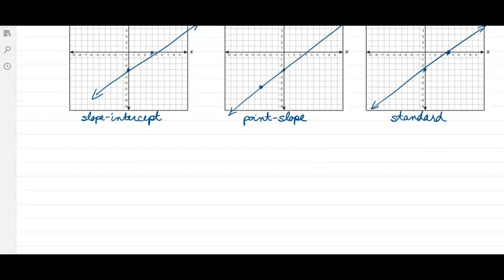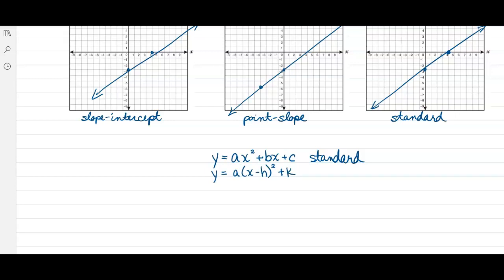The same is going to be true with our quadratics. We're going to have standard form that looks like this. That's going to be our standard form. And that's what we're going to focus on today primarily. There's also going to be a form called vertex form that looks like this, which we will get to a little bit later.